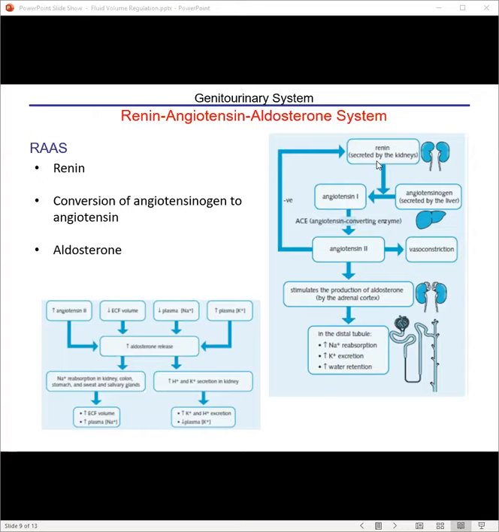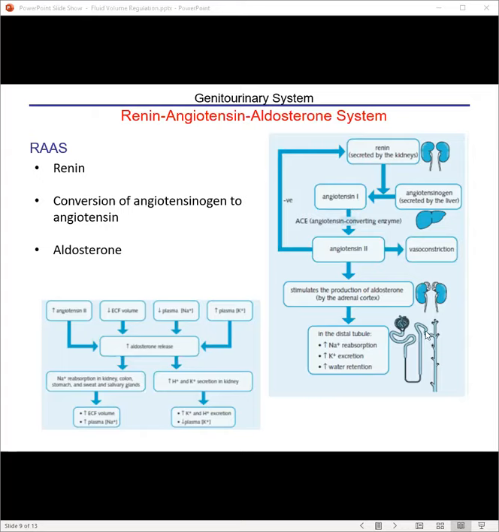There are several components to the renin-angiotensin-aldosterone system. It involves the kidney, the liver, and certain portions of the tubule. Later on, we will also see that even the lungs are involved in this system.